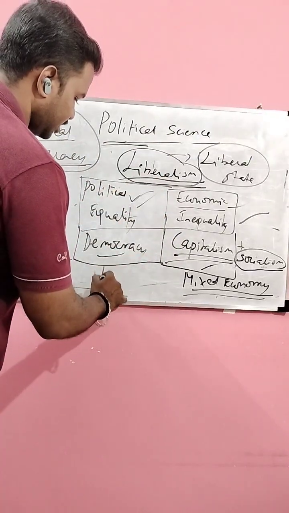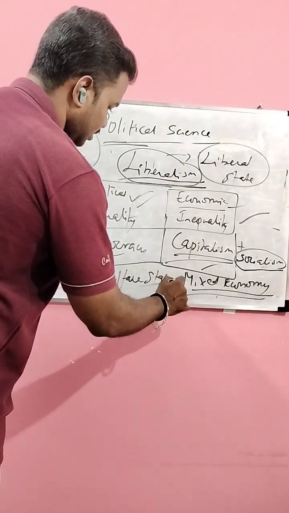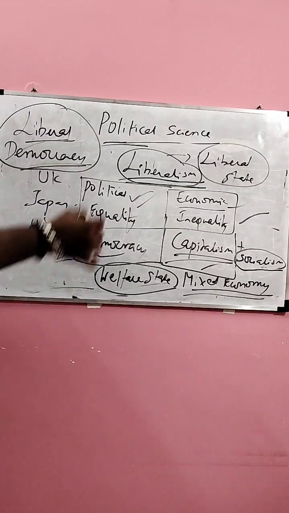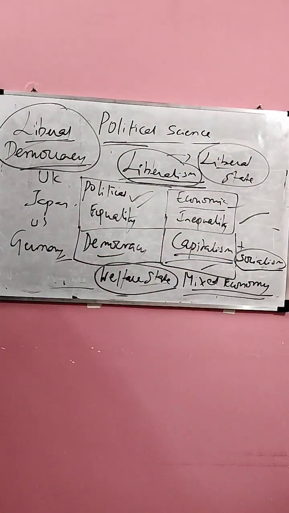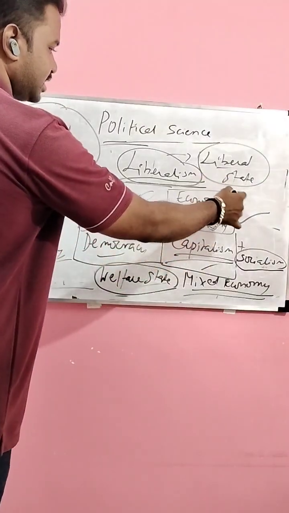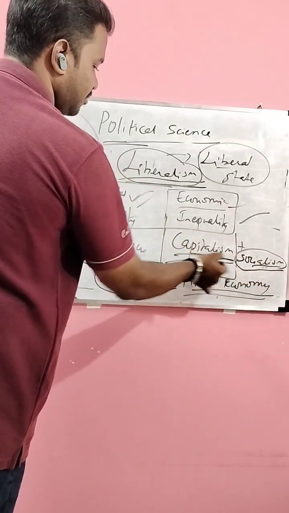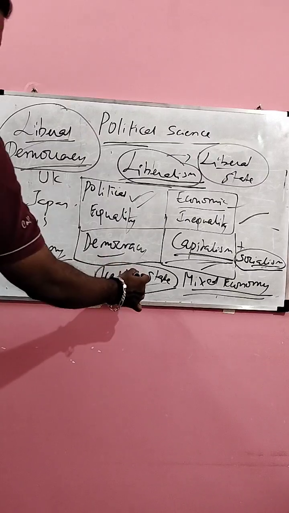It is called welfare state. Welfare state is an institution as well as a philosophy obtained by the liberal state. How is it obtained? Within the liberal state, when you look at the economic dimension, some features of socialism have been added along with capitalism. India is an example of a welfare state.